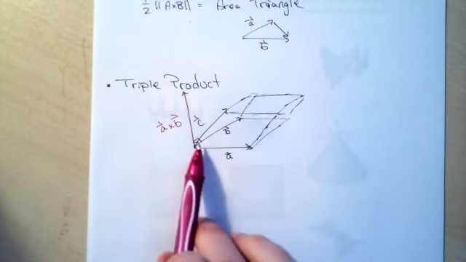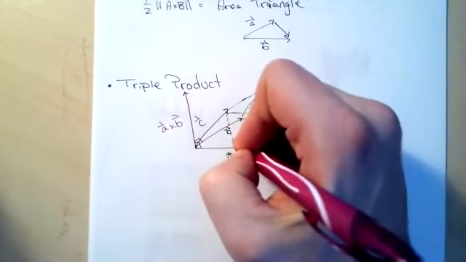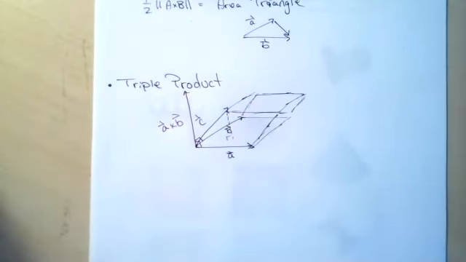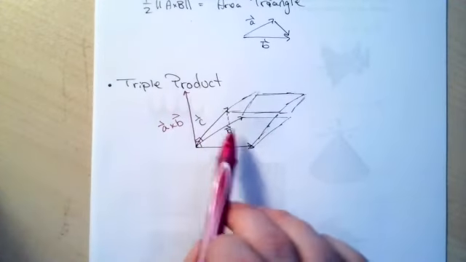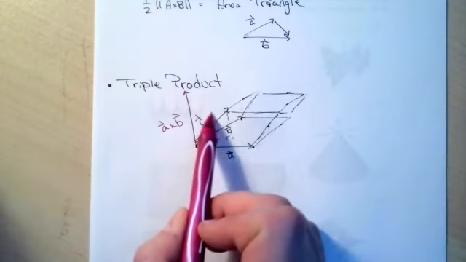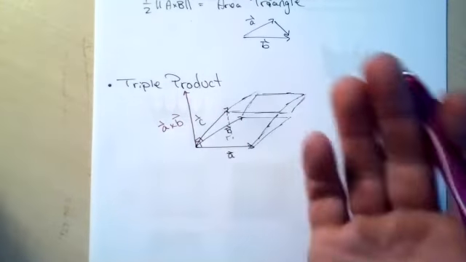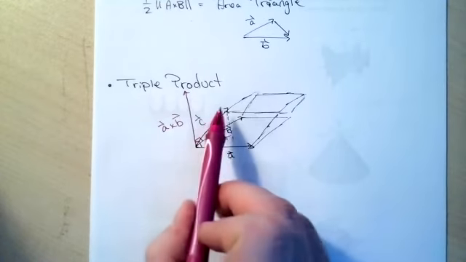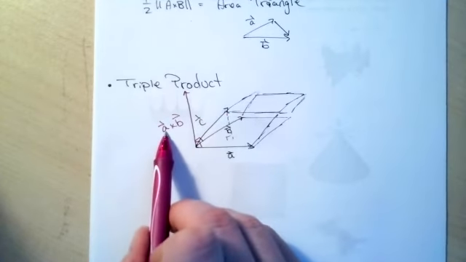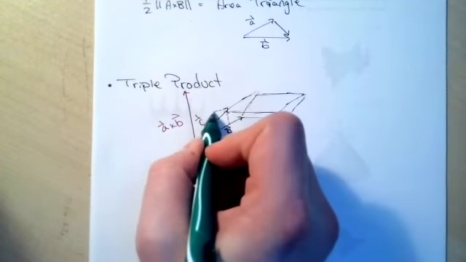It's going to be the area of the base times the height, but the height needs to be perpendicular. So really what we want is a component of C that is orthogonal to A and B. Well, if it's orthogonal to A and B, it's actually going to be parallel to A cross B. So what we want to do with our C vector is essentially project it onto that.